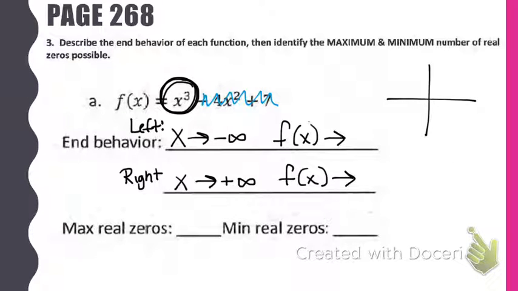I'm answering all of my questions based on that, x to the third. So it is a third degree, which means that it's an odd function. Odd functions have opposite end behaviors. Opposite arrows. So think odd, opposite.